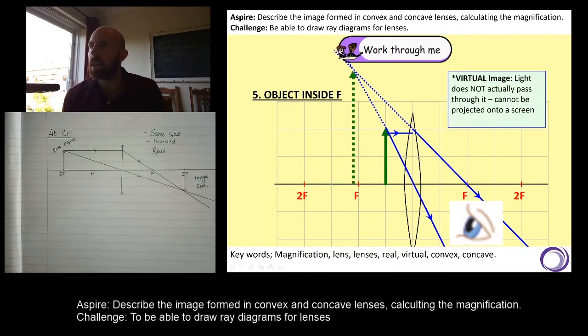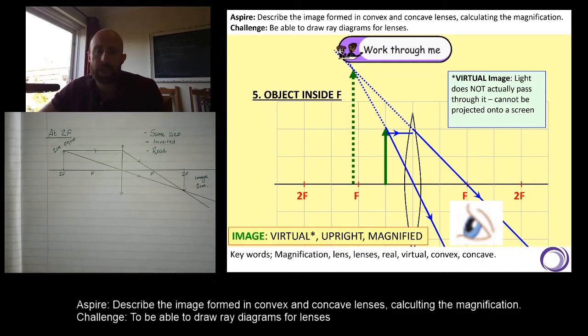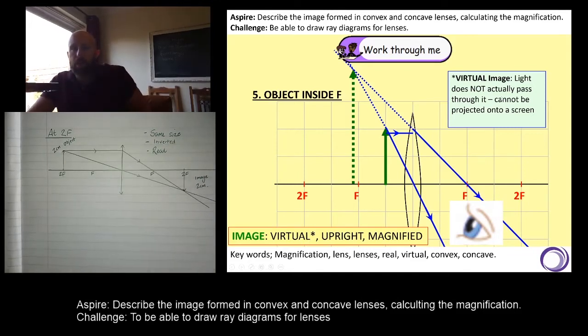We can see here that this is a virtual image. And what that means is it's on the same side of the lens as the object. So it's virtual, but it is upright and it is magnified. And there's another definition of virtual on here, which means that the light does not actually pass through it.